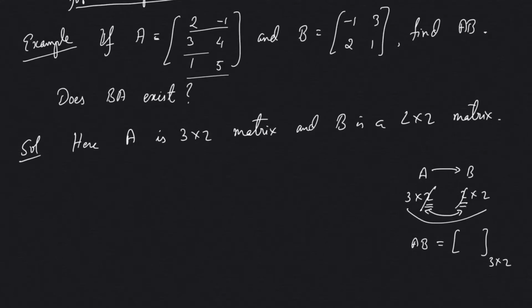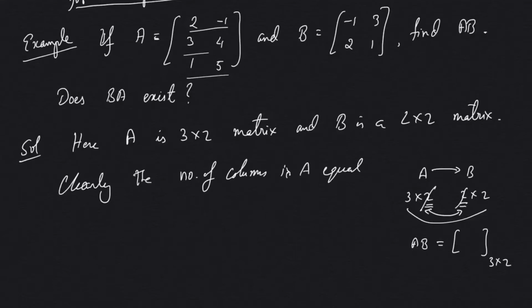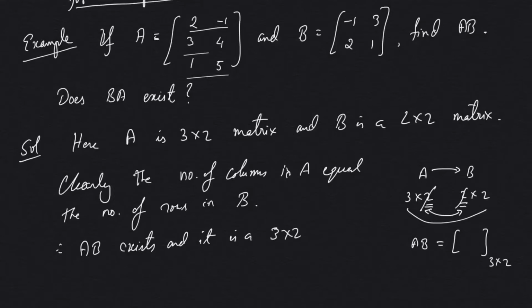Clearly, the number of columns in matrix A equals the number of rows in B. Therefore AB exists and it is a 3 by 2 matrix. I repeat again, since the number of columns in the first matrix is equal to the number of rows in the second, AB will exist and the order will be the two extreme orders, that is 3 by 2. Number of rows will be 3, number of columns will be 2.